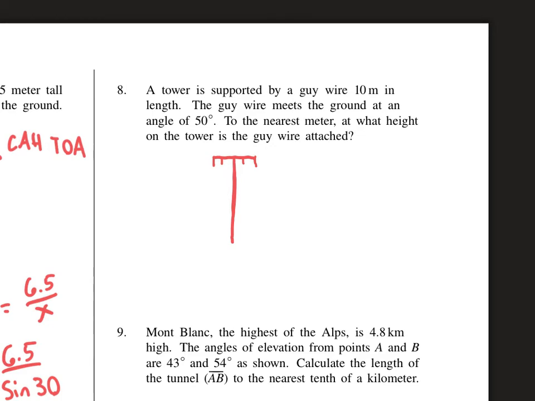Let's change colors to this, and we get a wire that goes up at some point on this, and that is 10 meters long. And we can make this into a makeshift right triangle.